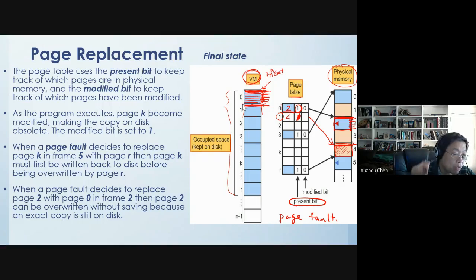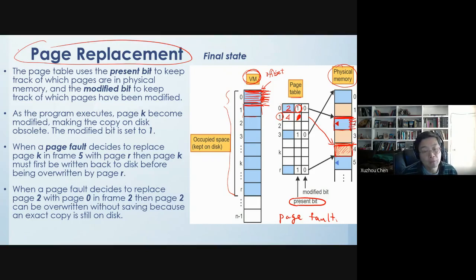So then we need to pick some of the pages that are currently in memory, and we just swap it out. Once we swap this page out and free the memory, we load the page into the memory location. That process is called page replacement.